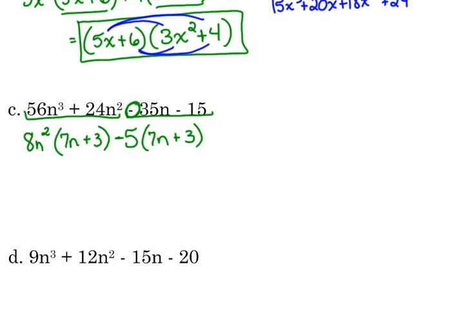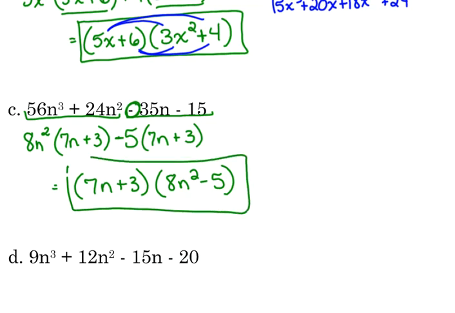If you didn't take out the negative, you should catch it when your factors there don't match up exactly. So take out the common factor, 7n plus 3, left with 8n squared minus 5. I feel pretty confident in that, so I'm not going to go through and check it, but you, of course, can.